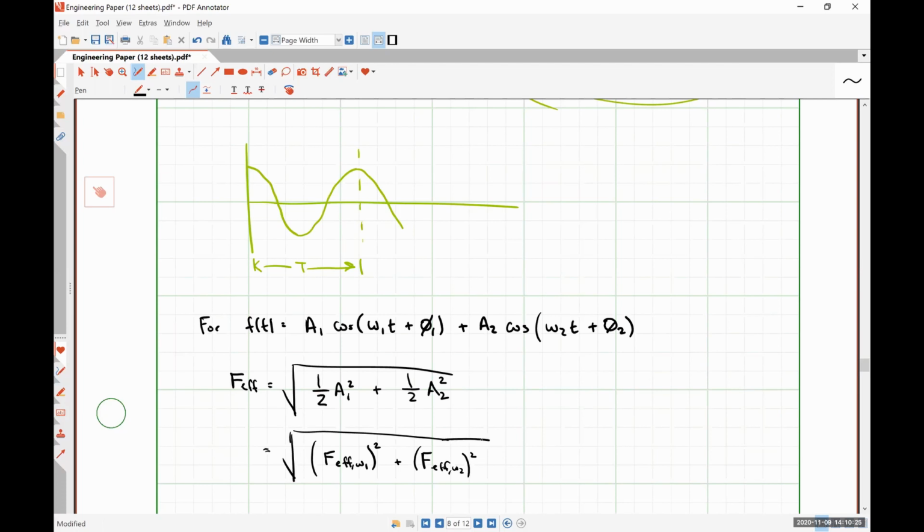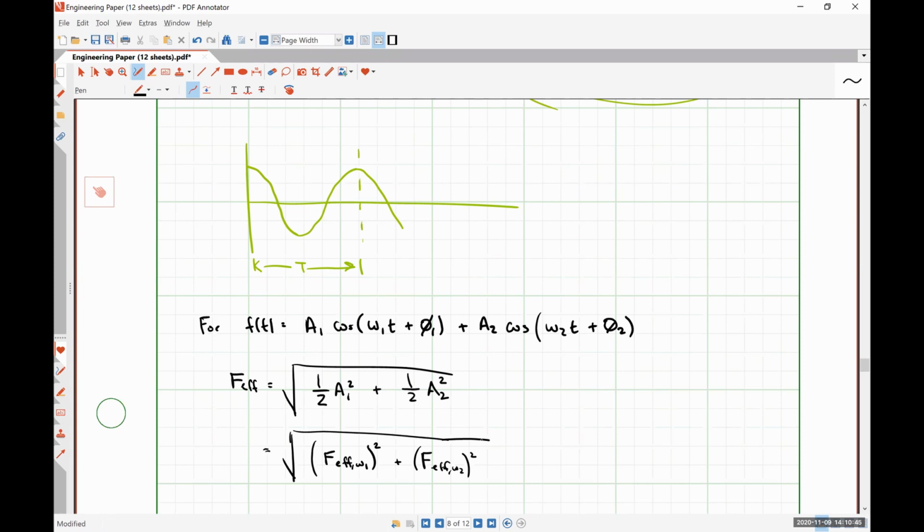Meaning, if I get the effective value of the first frequency term and square that, and the effective value of the second frequency term and square that, and then take the square root of that sum, I get the effective value for that multi-frequency thing. And we can generalize that for an infinite number of frequencies.